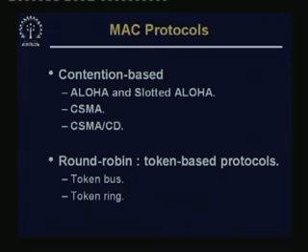So, examples of contention based are Aloha and slotted Aloha. These refer to some protocols which are used in satellite communication. So, we will discuss these when we talk about satellite communication. We have CSMA, which stands for Carrier Sense Multiple Access, or CSMA CD, which is Carrier Sense Multiple Access with collision detection.